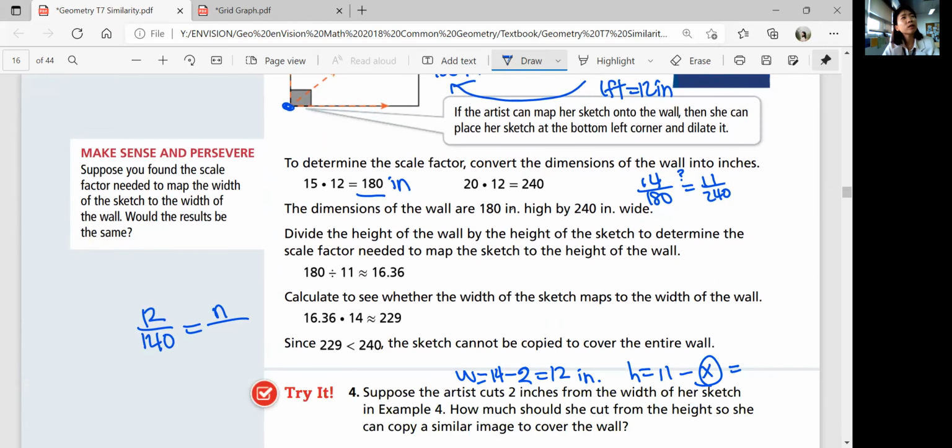All right, so your n should be multiplying 240 on both sides. Your n should be 12 times 240 divided by 180. And that's equal to what?